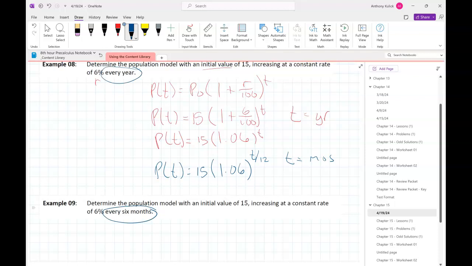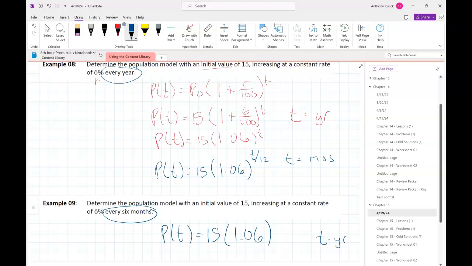Yeah, almost. So we know right away that this part is going to be the same. If I say T is in years, what should the exponent be? Not t over 6. Not 1 over 6. Not over 2.